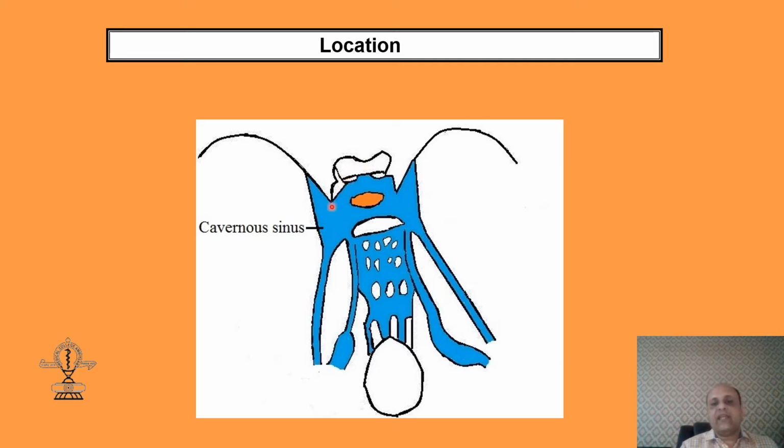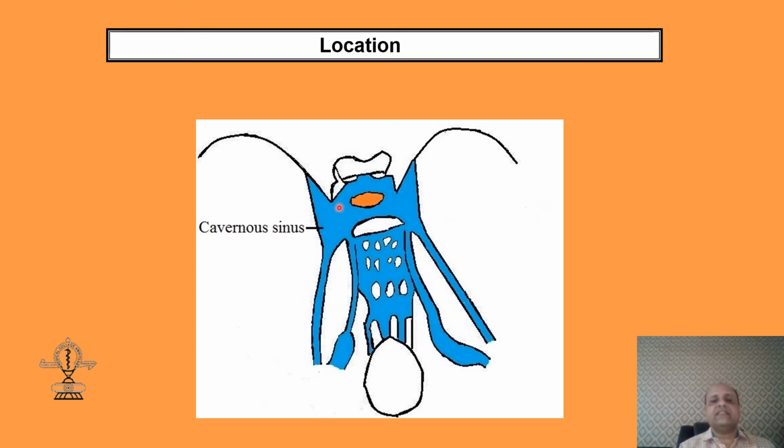So we can now appreciate how optic tract comes in superior relation to the cavernous sinus. So the cavernous sinus, once again I reiterate, extends from the medial aspect of superior orbital fissure to the apex of petrous part of temporal bone, and it lies on either side of body of sphenoid bone.